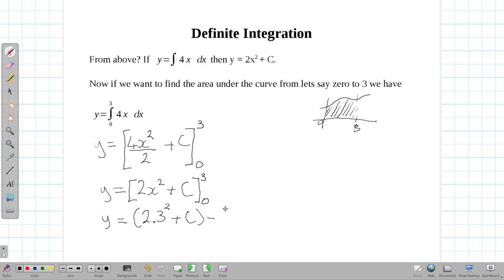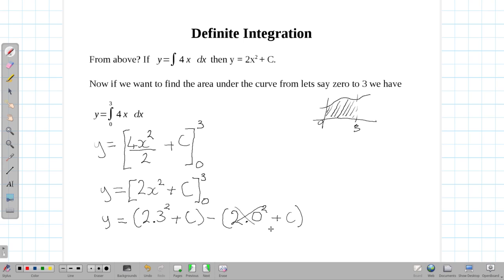minus, and then the second time we're going to substitute in 0, which in this case will be nice because it will simplify a lot. So 2 times 0 squared plus c. Now if you look at this, 0 squared obviously is 0, and anything times 0 is 0, so this is going to go.